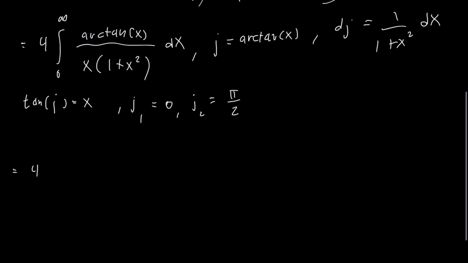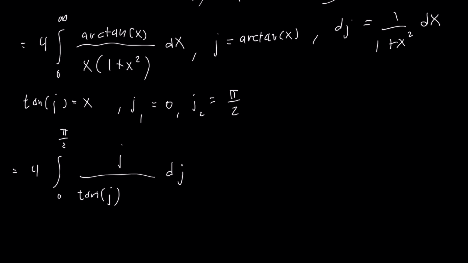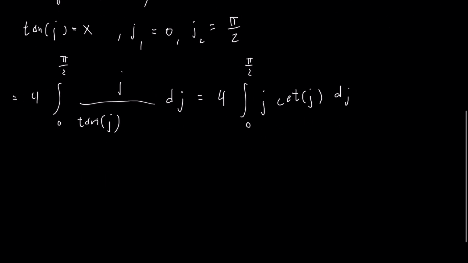So we have 4 times the integral from 0 to pi over 2 of j over tangent of j dj. But this is the same thing as 4 times the integral from 0 to pi over 2 of j cotangent of j dj.